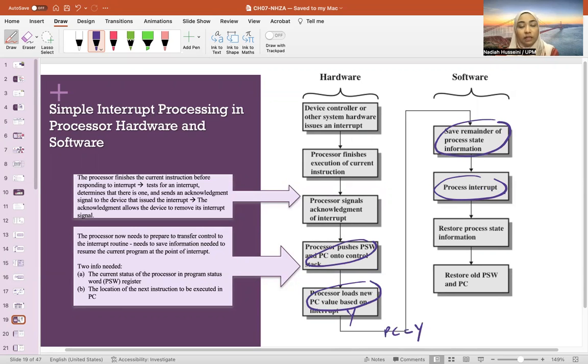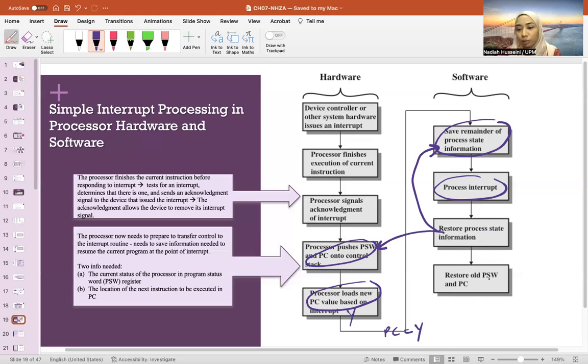So there are a lot of steps involved before the interrupt can be processed, and then you restore the process state information after the interrupt has been successfully processed. What is that? It is basically going back to these values, PSW, PC, and the registers that were saved before. So this is restoring your previous state. You can imagine it like restoring your backup file.